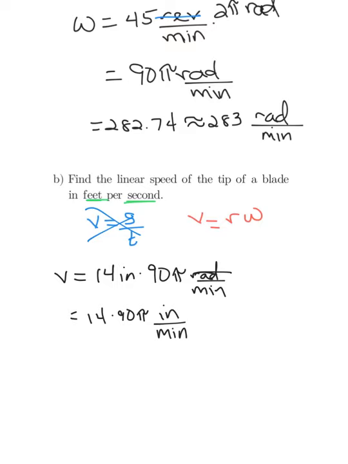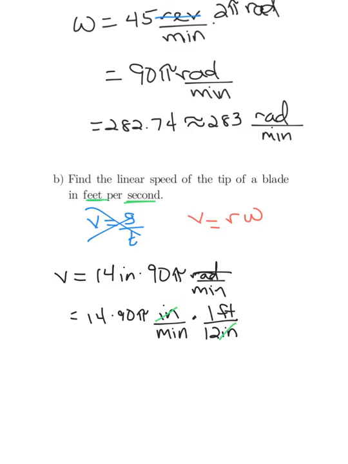So we're going to take this times a proportion of inches and feet, and in order for inches to cancel, it needs to be in the bottom. So we're going to have 12 inches in the bottom, 1 foot in the top. Now inches has canceled, and we have a unit of feet, which is what we want.